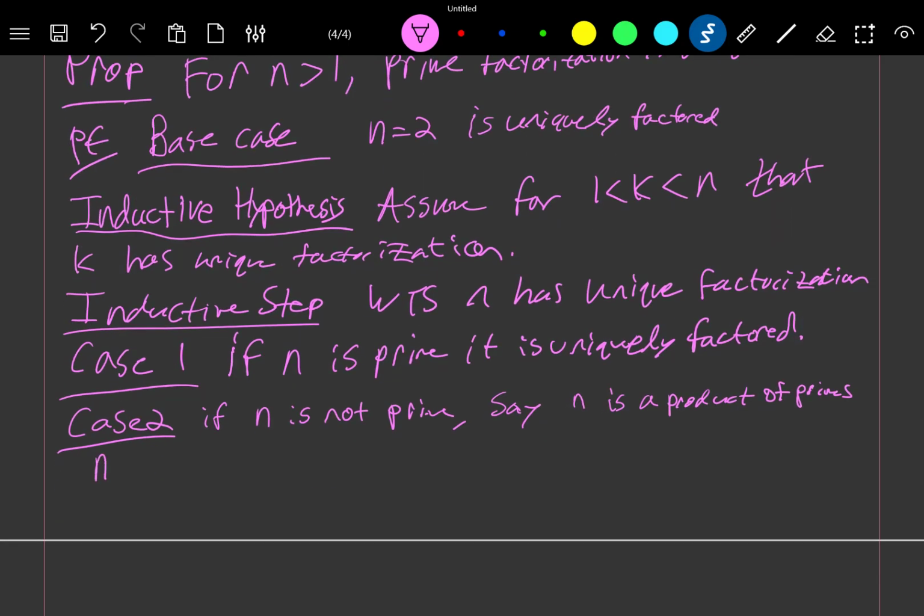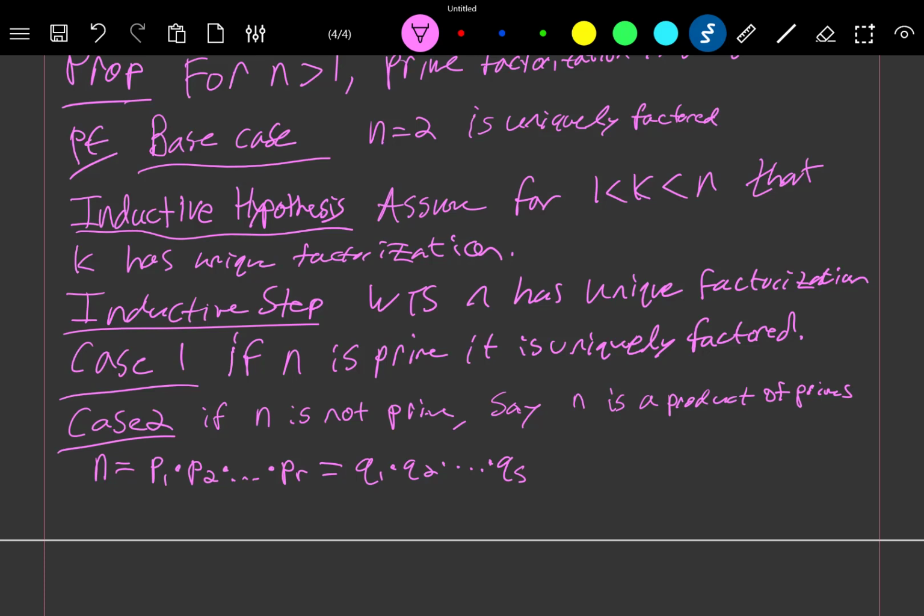So say n is equal to p1 times p2 all the way to pr, but it's also equal to q1, q2 all the way to q sub s.